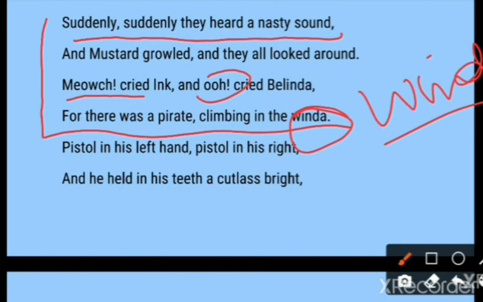So this is the beauty of Ogden Nash, what he does with words. And we find alliteration in this line. This "suddenly" is alliteration, and the sound is used three times, so that is alliteration in this poem.